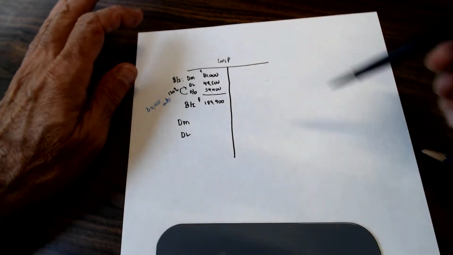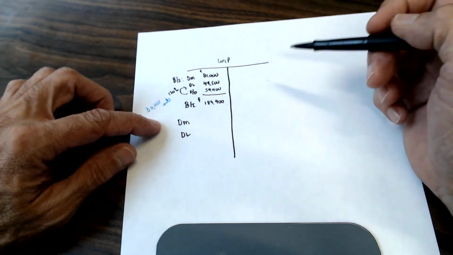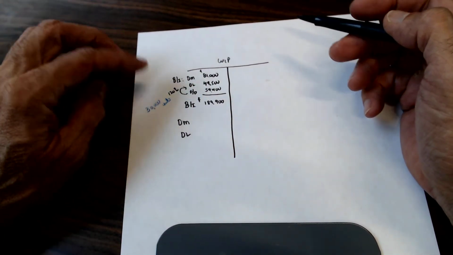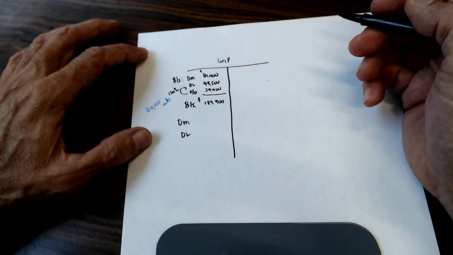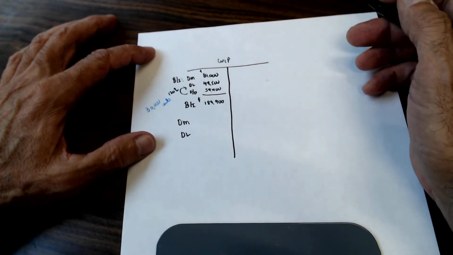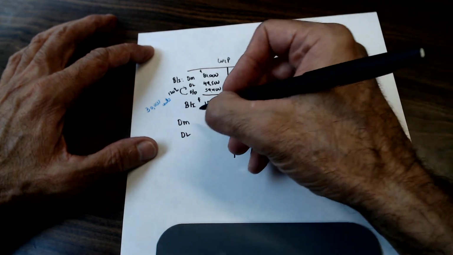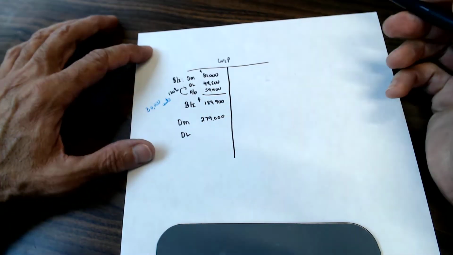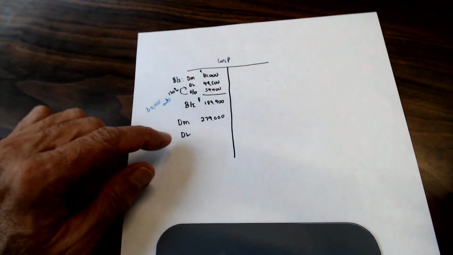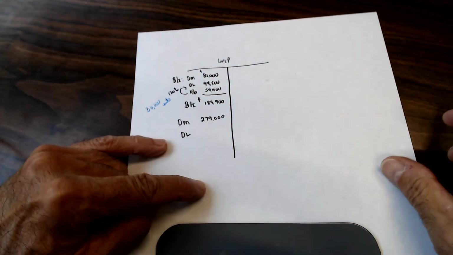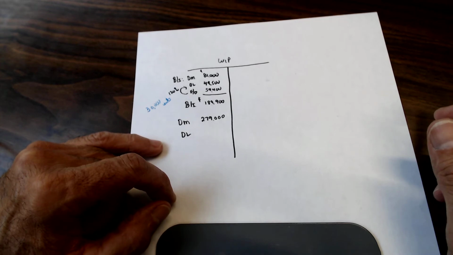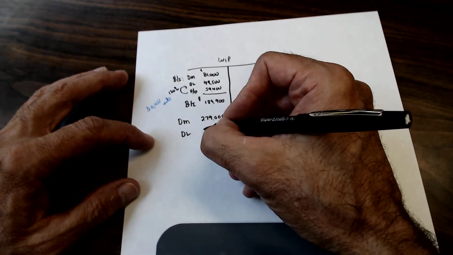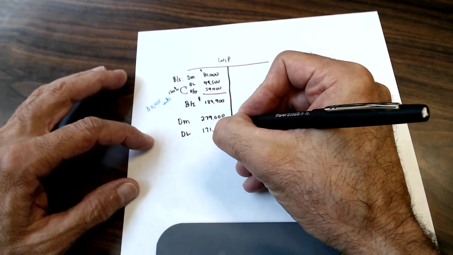Okay, well, material requisition slips. We're going to go check the material requisition slips, and we're going to see how much this department requisitioned in direct materials. And records show that they went and got $279,000 more of materials. We're going to analyze the labor, and we're going to see that the direct labor of people working in this department for the month turned out to be $171,000.